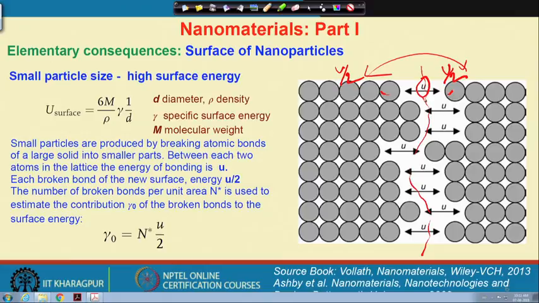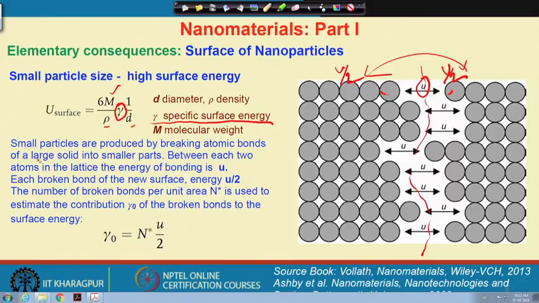So, the net surface that I showed you a few minutes ago, for a particular molecular weight, the total surface area is 6 m by rho into d, and now I have to multiply it with a specific surface energy. Then I can calculate the total surface energy of one molecular weight number of particles, right.